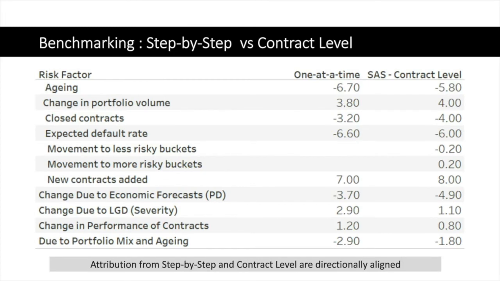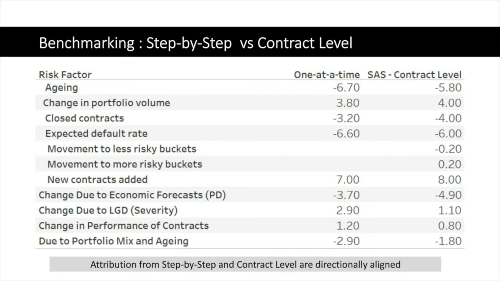So the first step that we worked with SAS to validate this contract level methodology was to compare the results that we get from this contract level method to the step-by-step, or one at a time, changing one risk factor at a time, and trying to demonstrate that the results from the 2 methods are comparable.